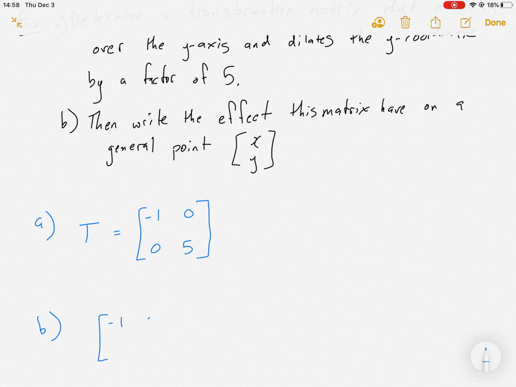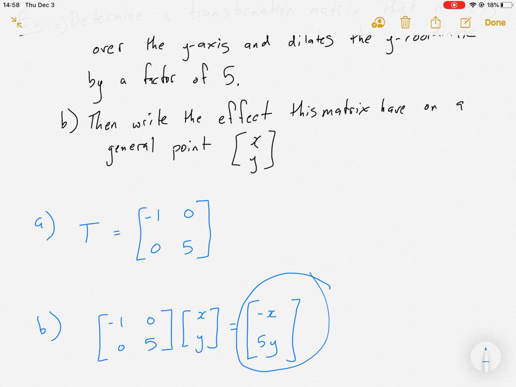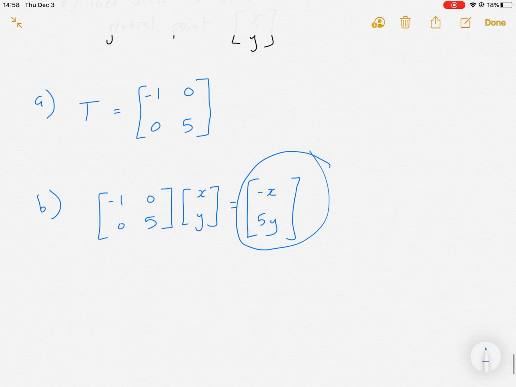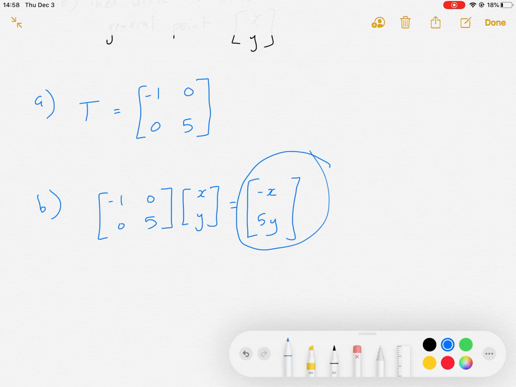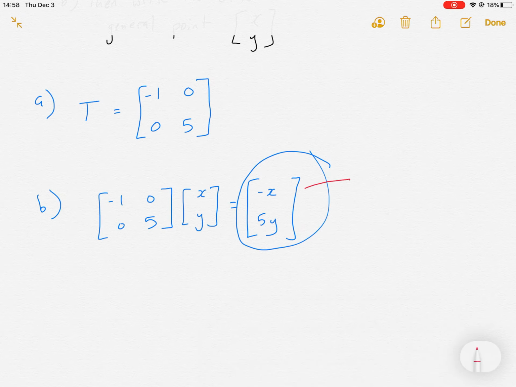Now in the second part, we're just going to take T and multiply that by x, y. And when I do that, I get -x and then 5y. And so then my final answer would just be that right there, which looks correct to me because the -x is going to be a reflection.